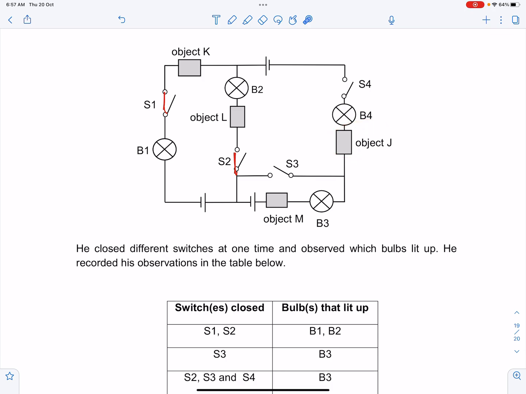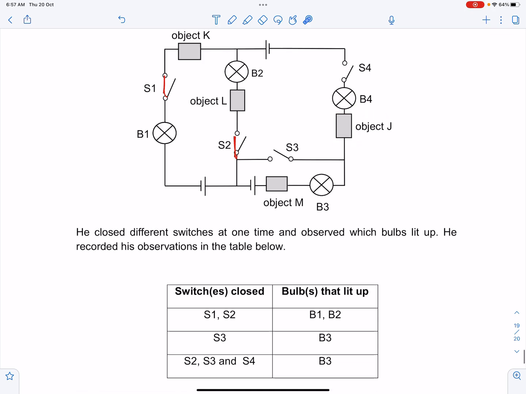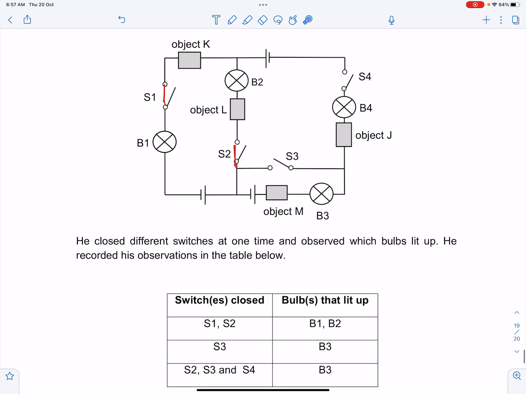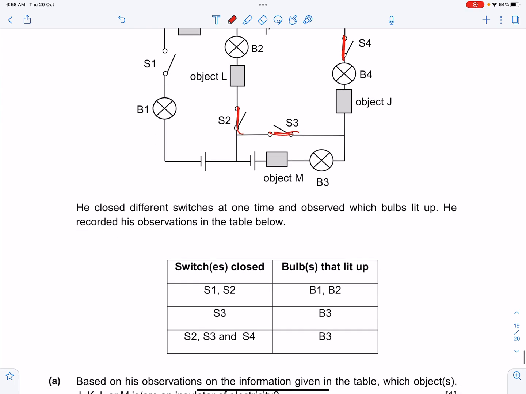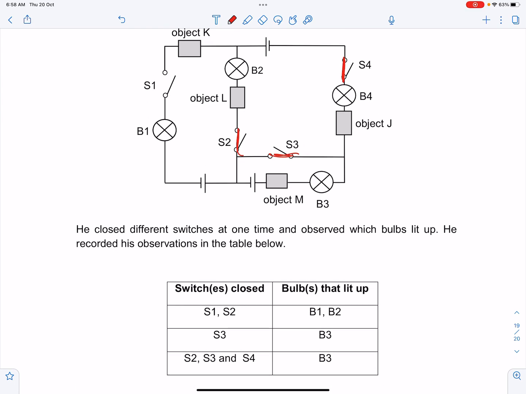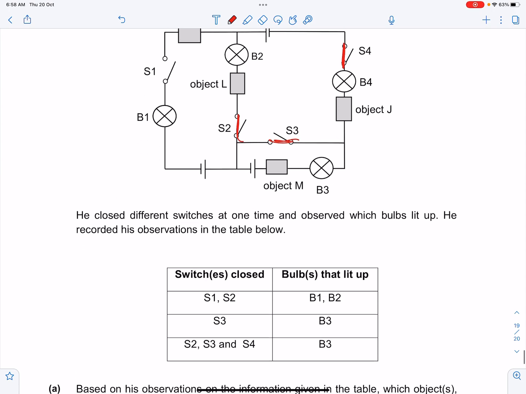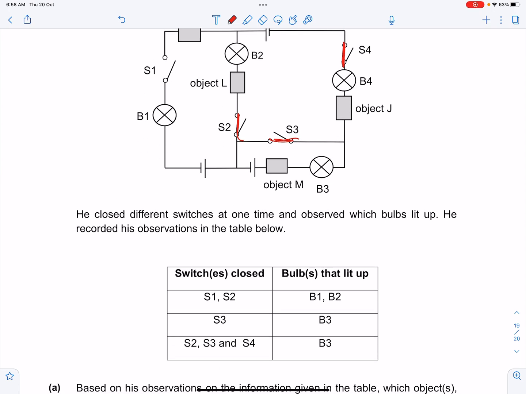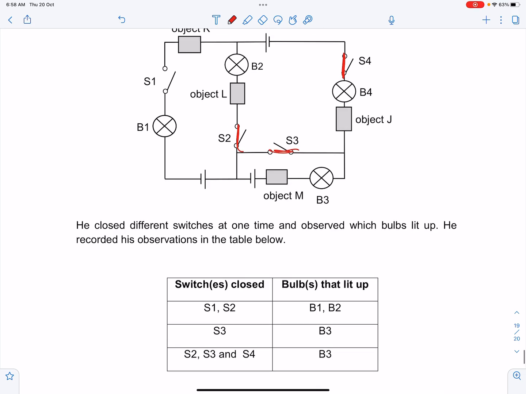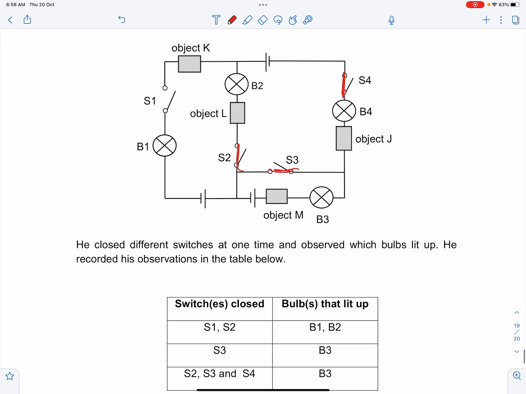So when switch 4 was closed, switch 2 and switch 3, okay, they said that only bulb B3 lit up. Okay, only B3 lit up.